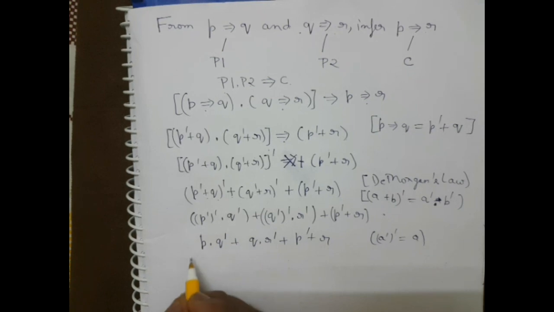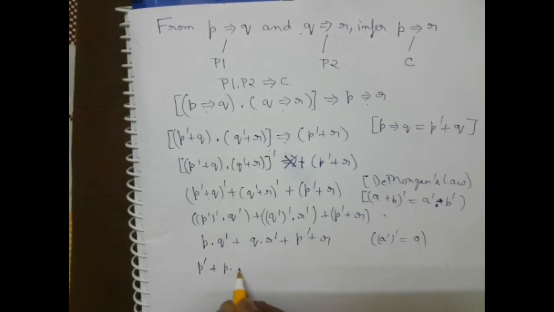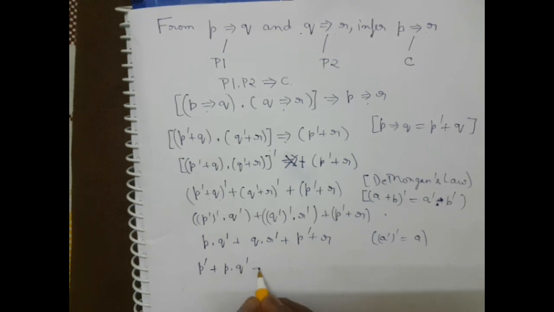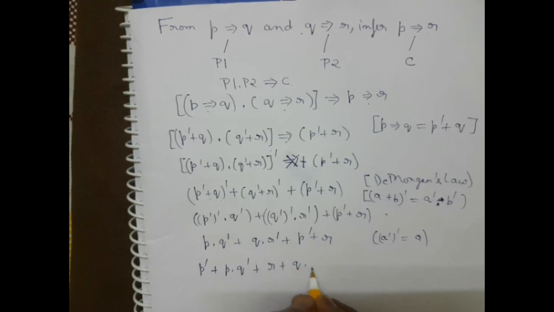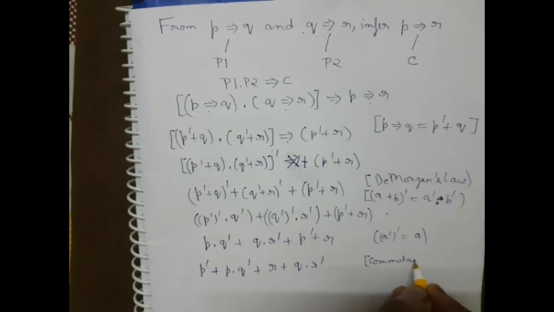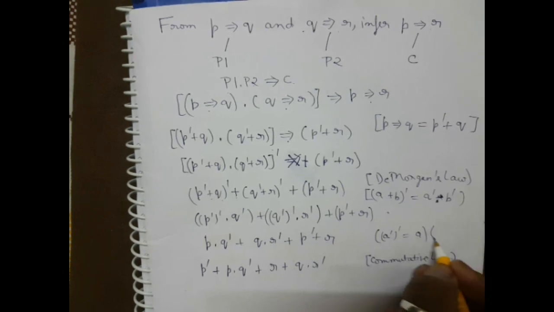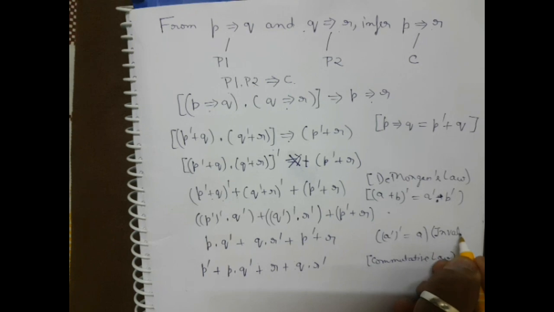Now we rearrange this and write P dash plus P dot Q dash plus R plus Q dot R dash. This is what we can do using the commutative law. So the commutative law has been used here.